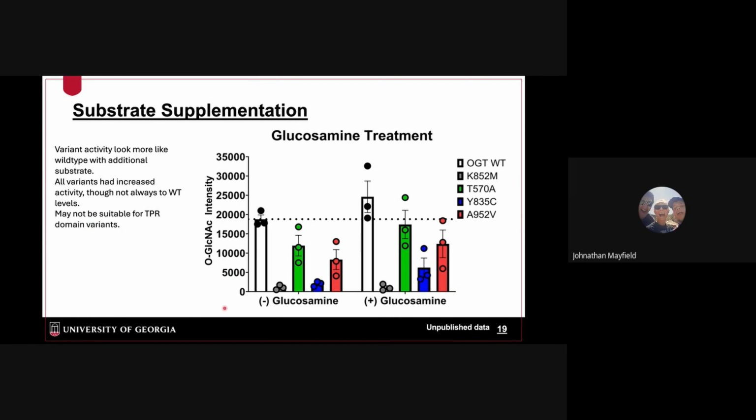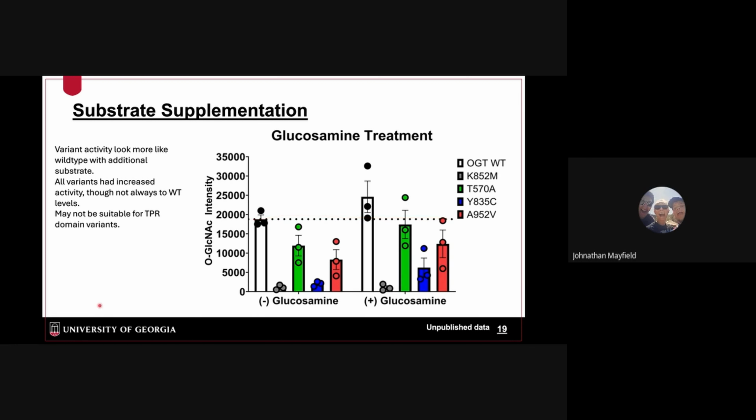So one such therapeutic that we are just beginning to test is substrate supplementation with glucosamine. The premise behind this is that we hope that if we can raise the levels of UDP-GlcNAc, which is the sugar donor for OGT, we can increase global O-GlcNAc levels back to wild type levels.